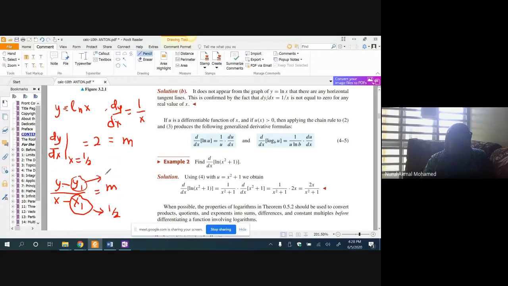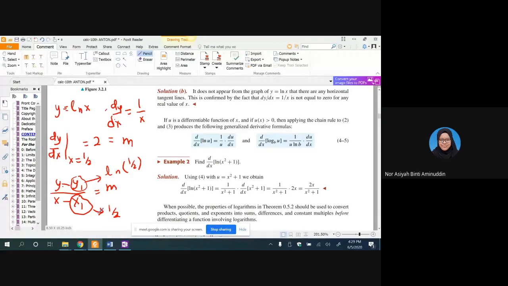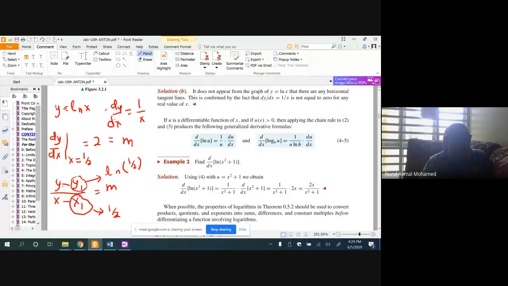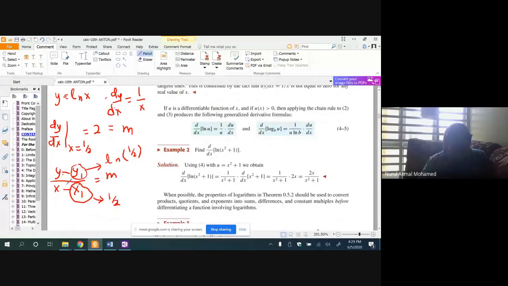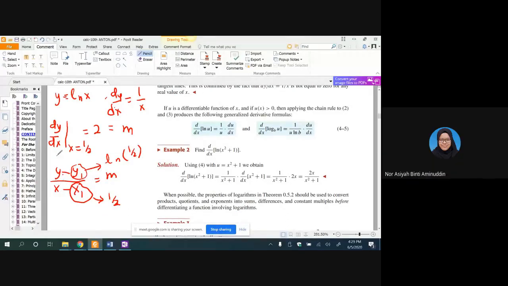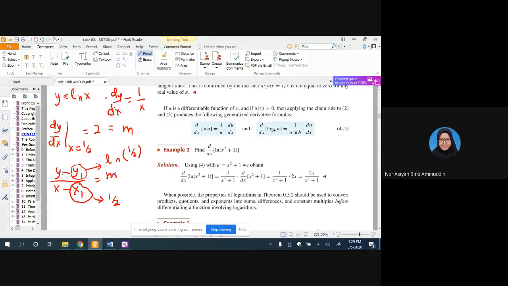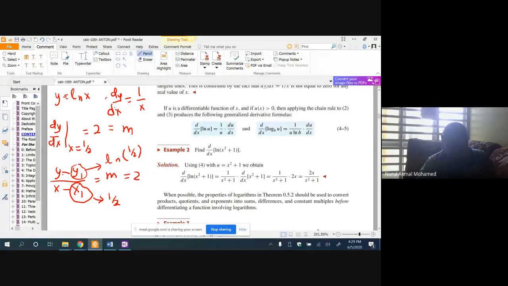So the y1 here will be ln of 1/2. So this is the equation that you can get. You can simplify this so that y is the subject. The m is already known, which is equal to 2.